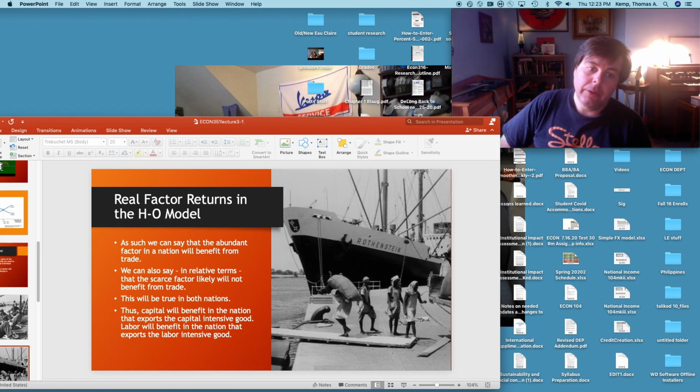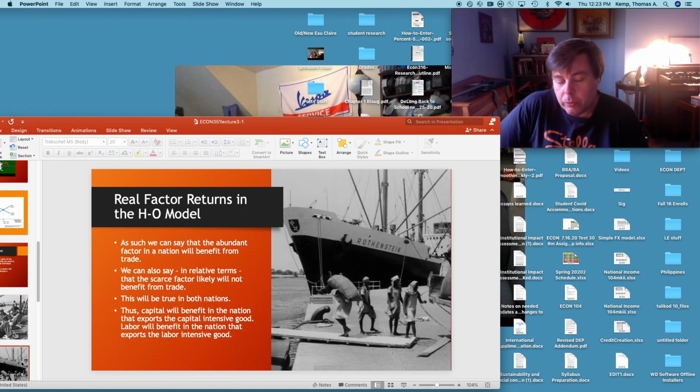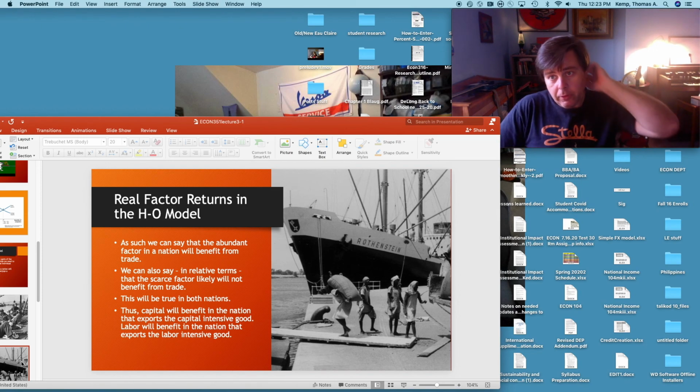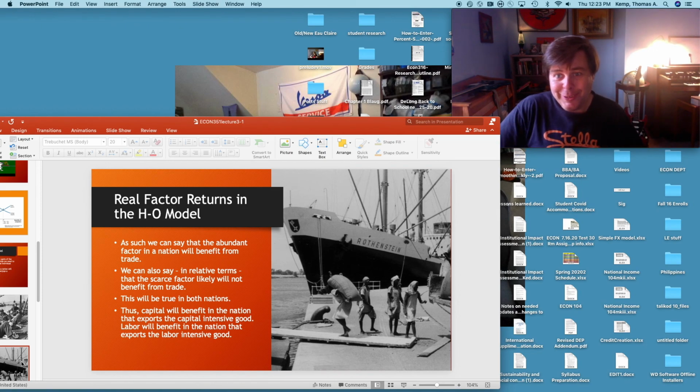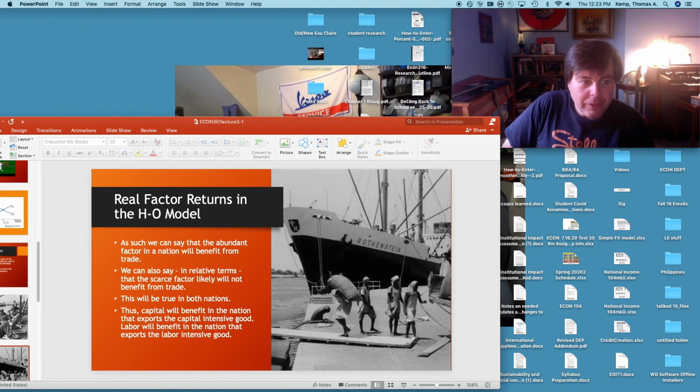Okay, so here's what I was just talking about, scarce and abundant factors. These pictures, by the way, are obviously all from seaports, and they're all sort of historical pictures. Shipping and ports themselves today are largely containerized. So everything goes into something that looks like the back of a semi truck, and then it gets loaded with really big cranes onto ships.